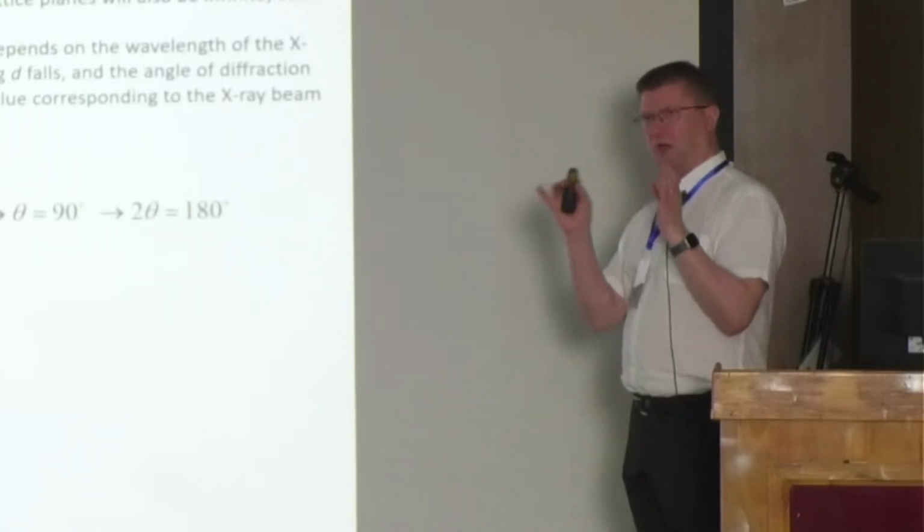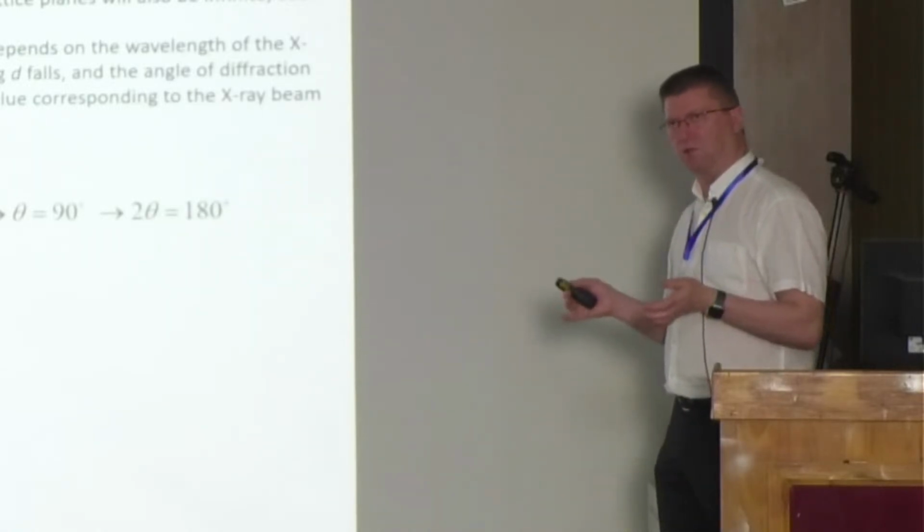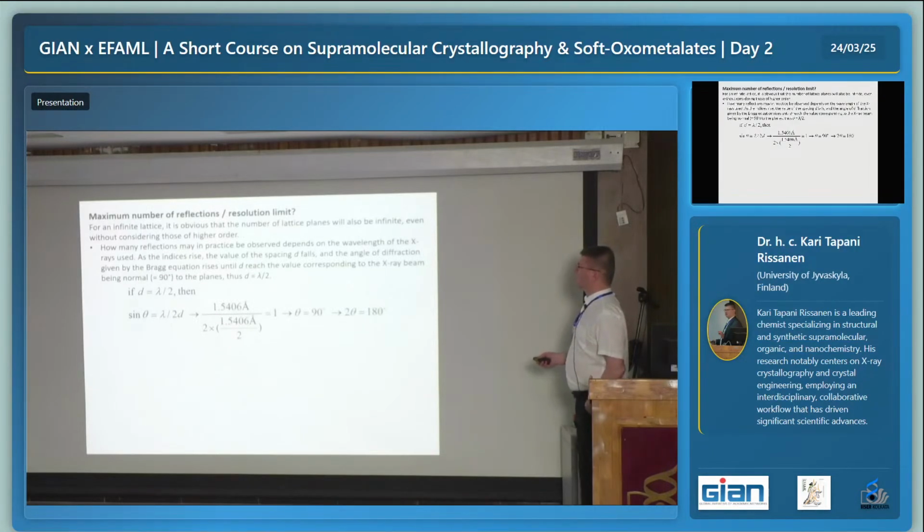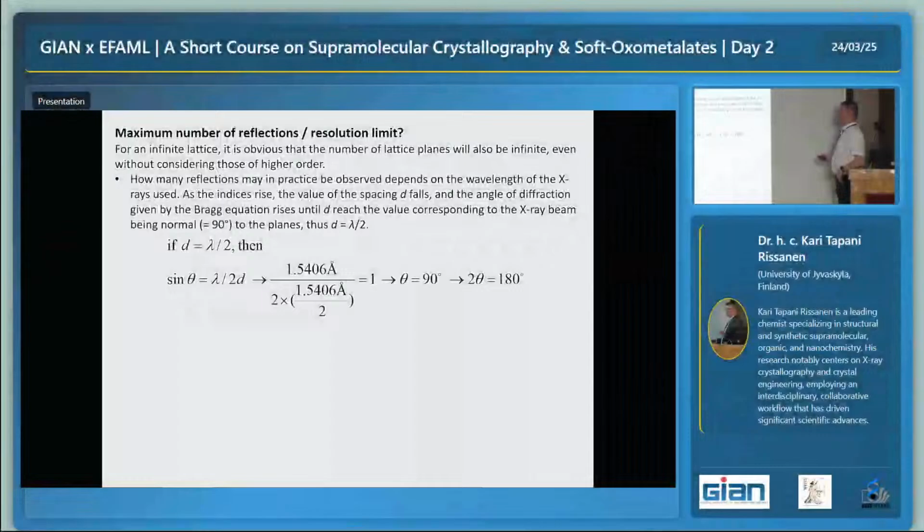Again, this is very abstract at this stage, because later on there will be more practical information on why we need this and why it is important. But the point is that the diffraction beam is never more than 90 degrees. If the diffraction happens at 90 degrees, that's the absolute maximum.